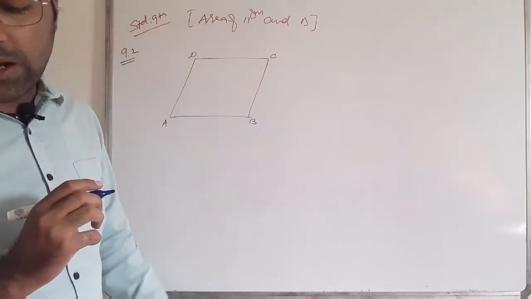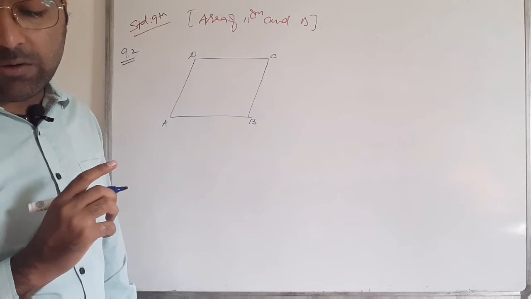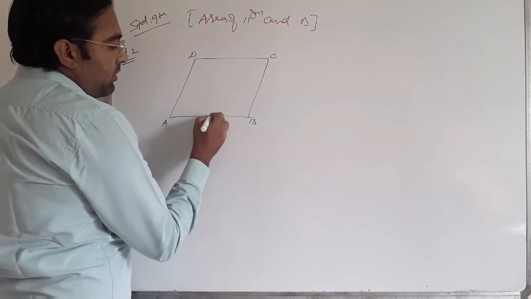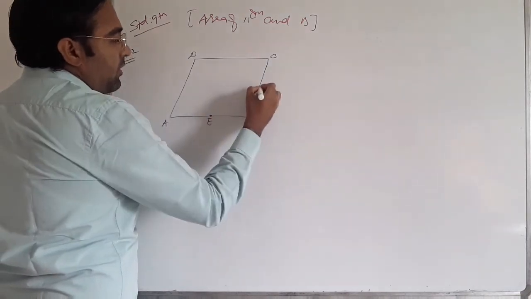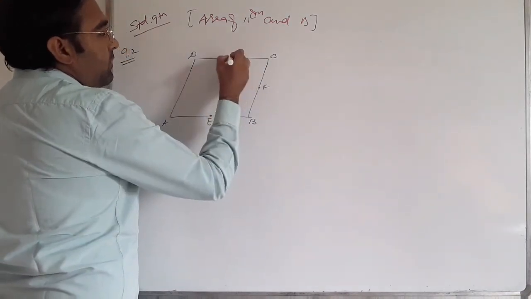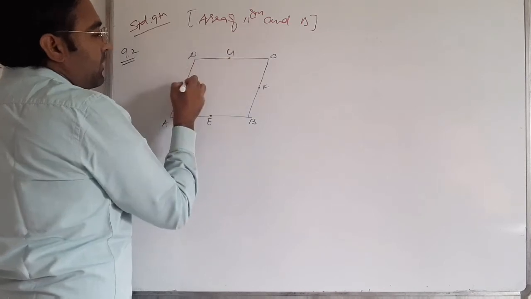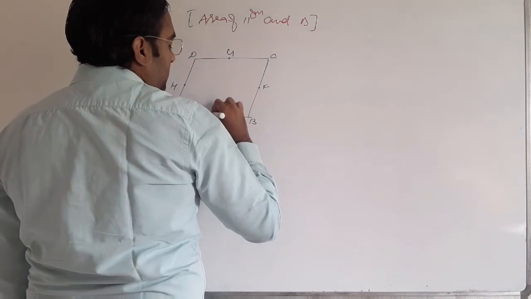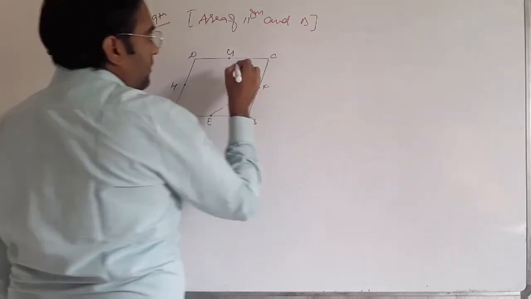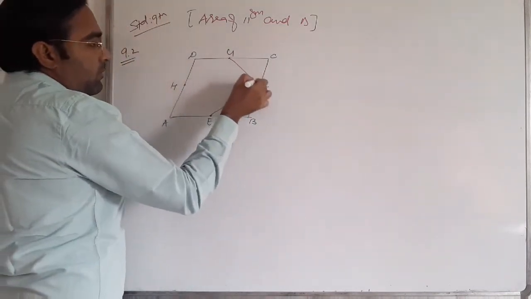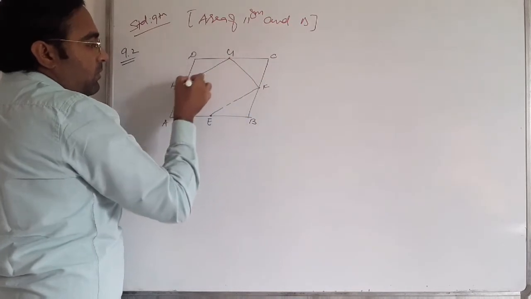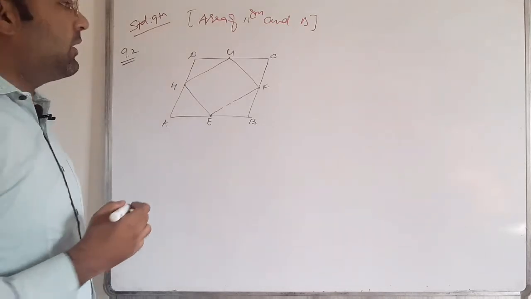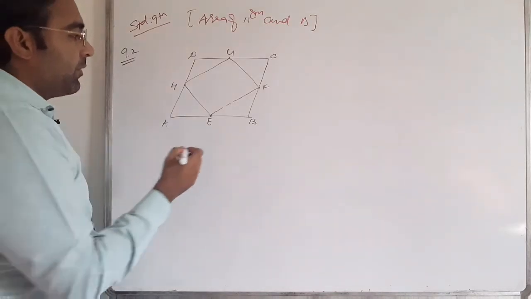E, F, G, H are the respective midpoints of the sides of the parallelogram ABCD. Clear? Here this kind of figure is formed.